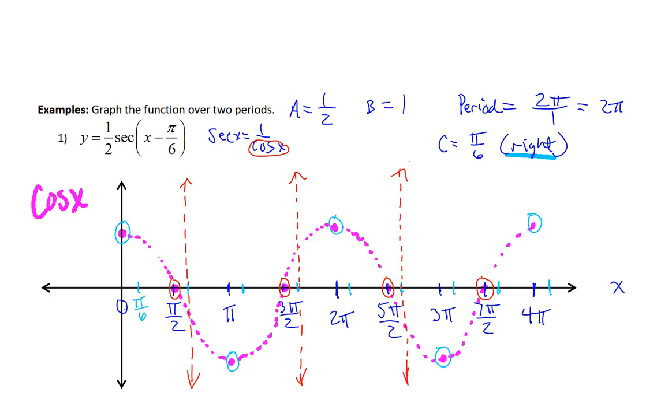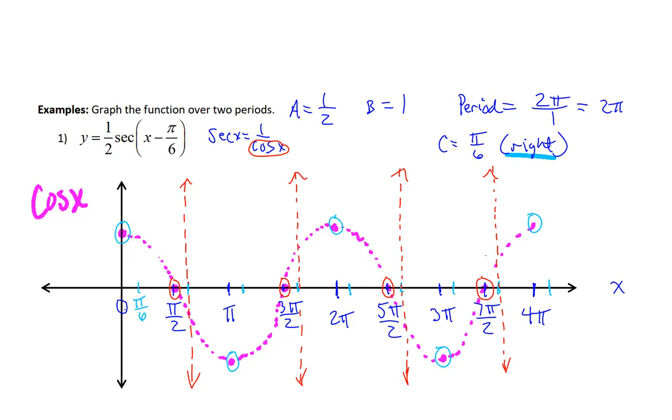I circled them all in red to kind of mark down that's where the asymptotes originally were, but we knew we were going to have to move them. So now I'm drawing in all the new ones. Notice they're all just to the right of where the circled places were on the x-axis. Okay, I know it's a lot, but all these little details can really, really help you out.